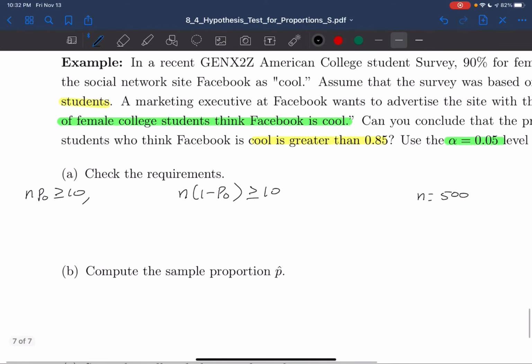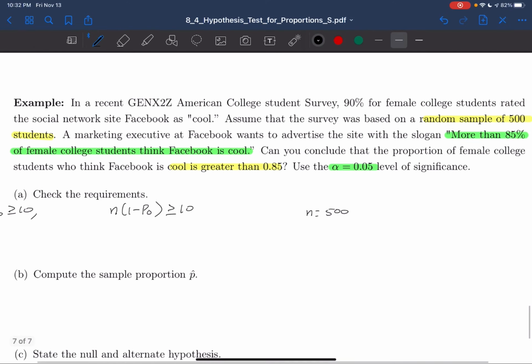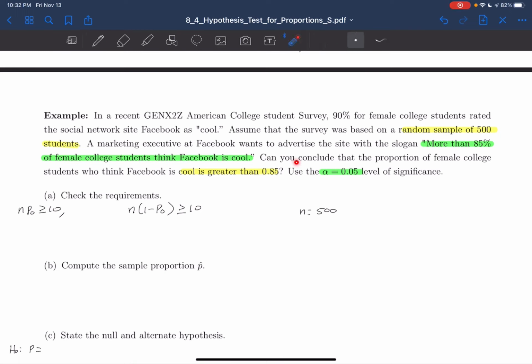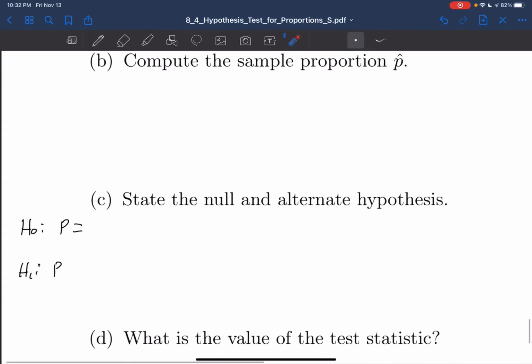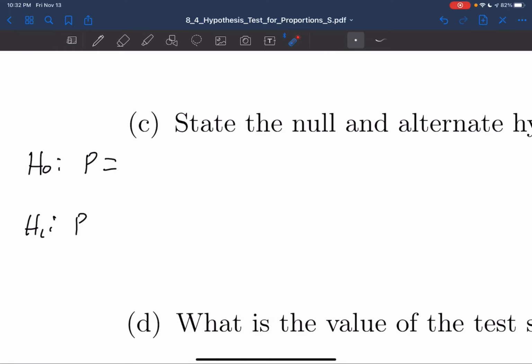But if you look up here, we want to say, can you conclude that the proportion of female college students who think Facebook is cool is greater than 0.85? That gives you an idea of what your alternative hypothesis is going to be. So this is going to be greater than 0.85. That means our null hypothesis will be equal to 0.85.